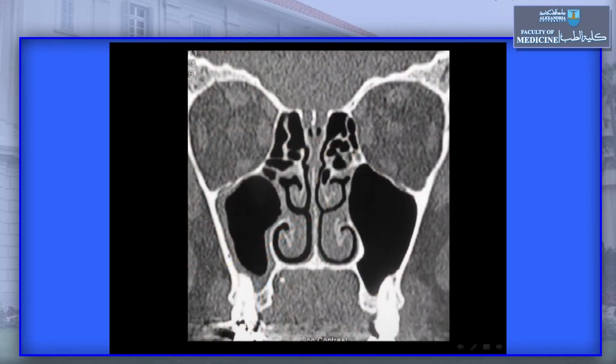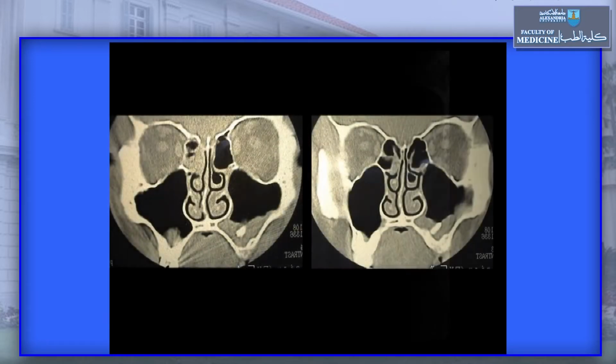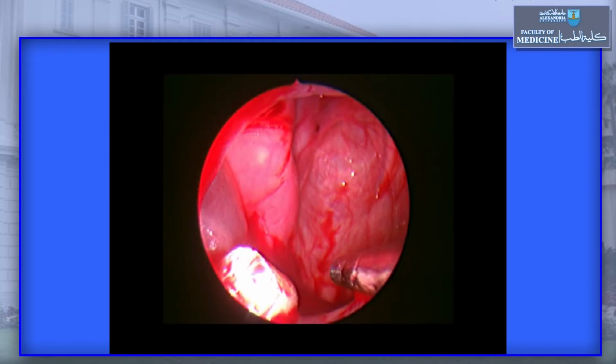Another 10%, the infection can come from the teeth, as we can see here in this patient with periapical abscess. Infection has started in the maxillary sinus, and here the source of infection is from the teeth. Sometimes sinusitis of dental origin arises following dental manipulations, as in this case, this patient had dental extraction, which was complicated by driving part of the root of the tooth into the sinus, and we can see swelling of the adjacent mucosa.